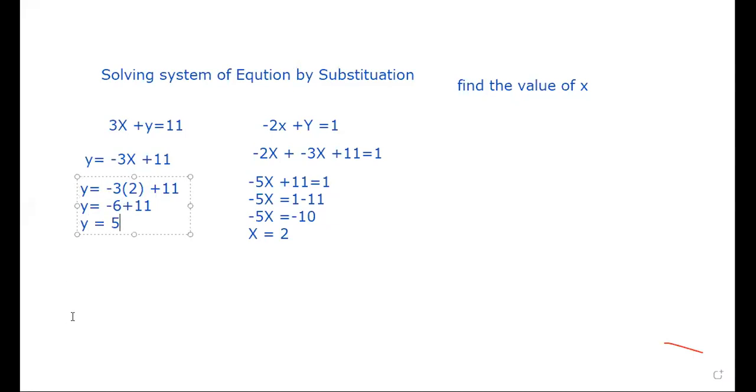Okay, then the answer will be 2 and 5, and we come back to check your answer in both cases. So I said again, if you want to solve a system of equations by substitution, one equation will give, the second equation will receive. Let me ask you a question. If we start from the second equation and replace in the first equation, will you expect the answer to be the same or different?